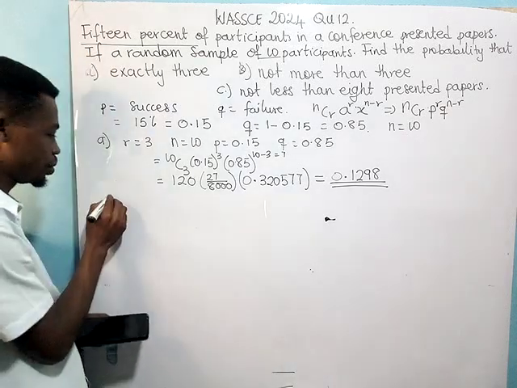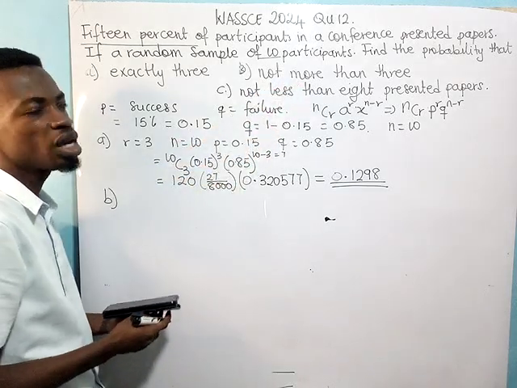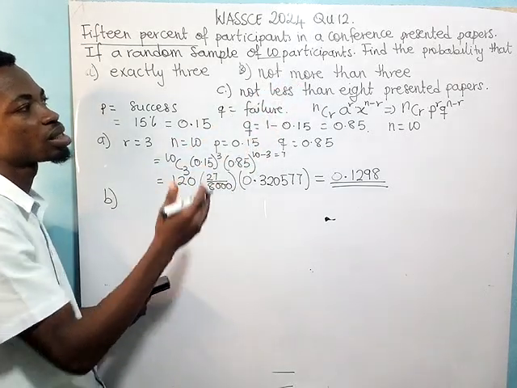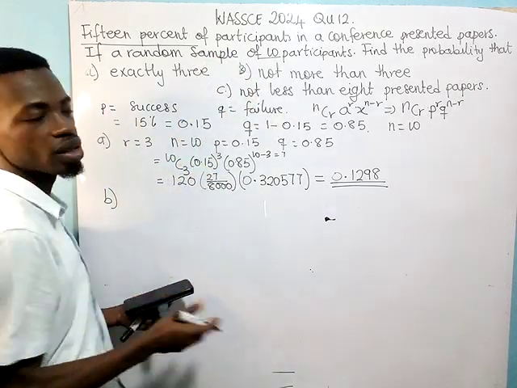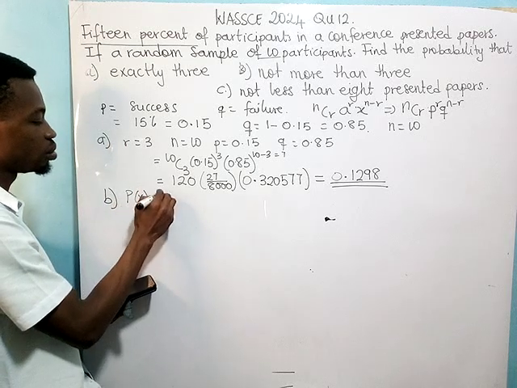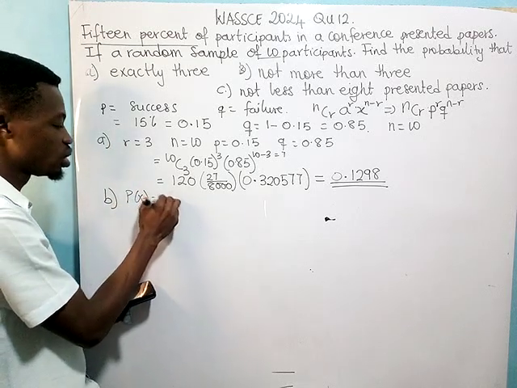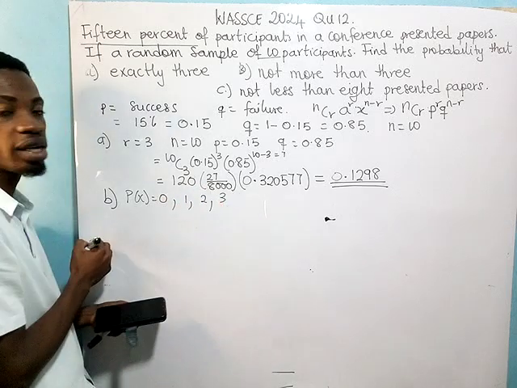Now for B, we're asked to find not more than 3. It means 0, 1, 2, up to 3. So P of X is 0, 1, 2 and 3.